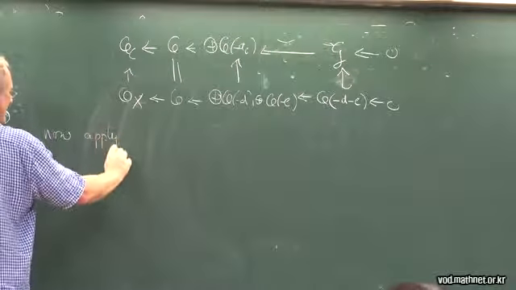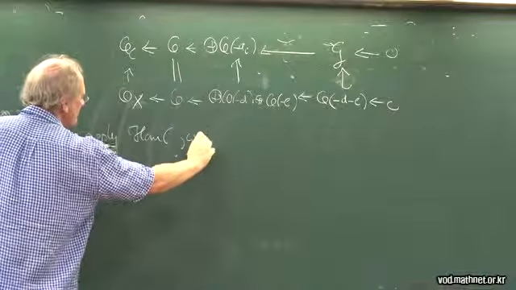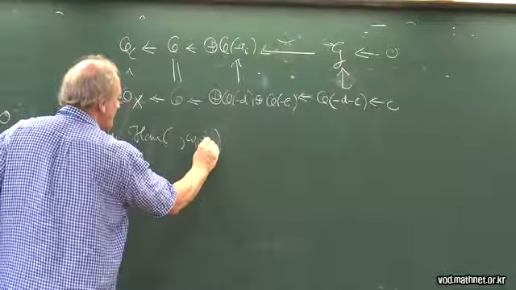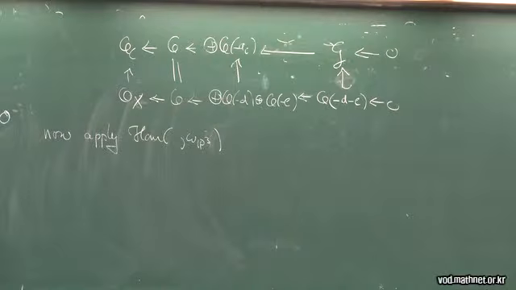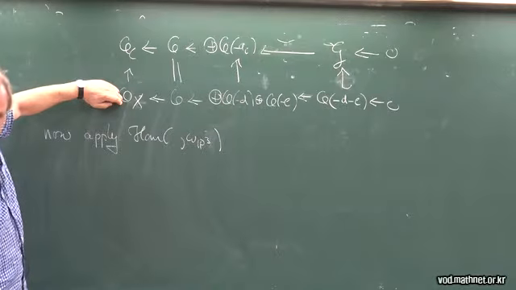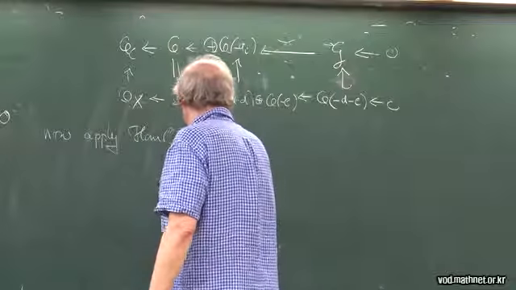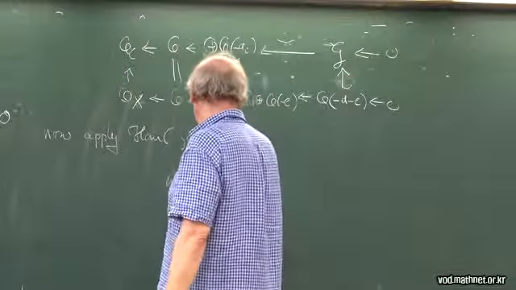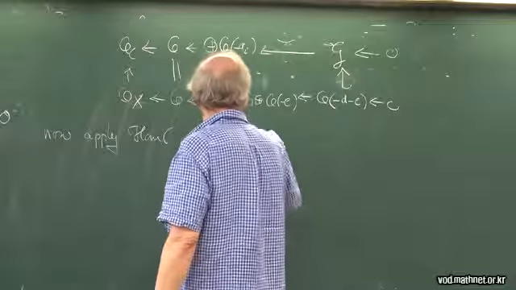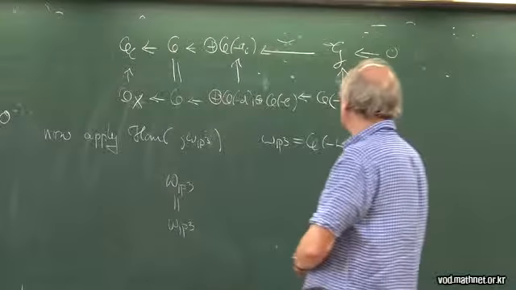Now apply the functor Hom into omega P3 to this diagram. Of course, these are torsion sheaves. So if I dualize this diagram, I get here omega P3 equal omega P3, which I should write as O of minus 4.